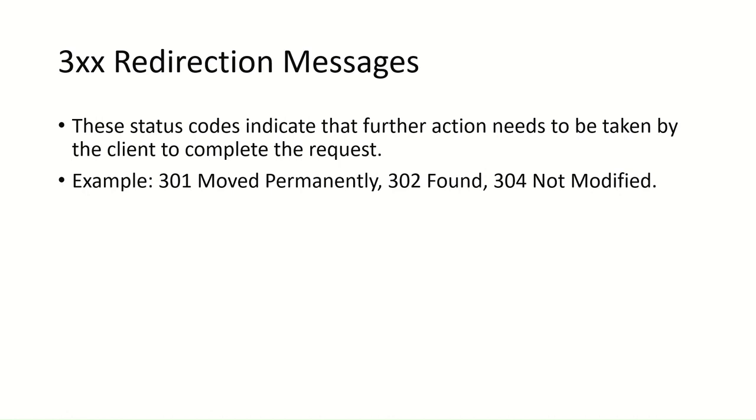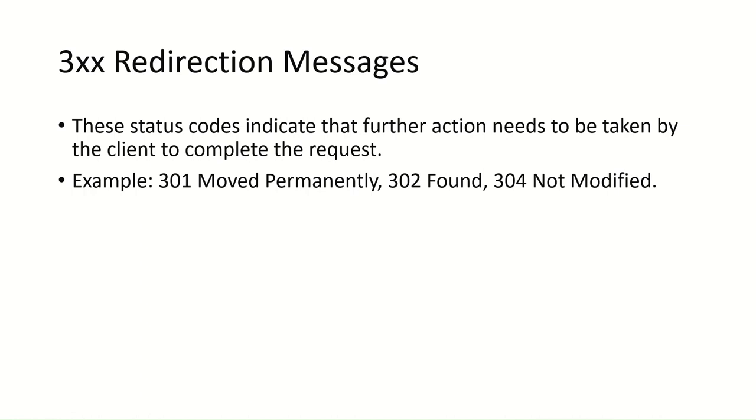Here are examples of redirection HTTP status codes: 301, which is moved permanently, 302, which is found, previously it was moved, and 304, which is not modified.